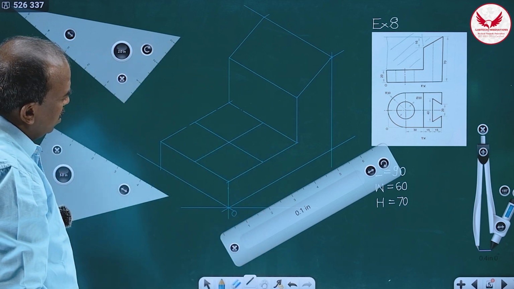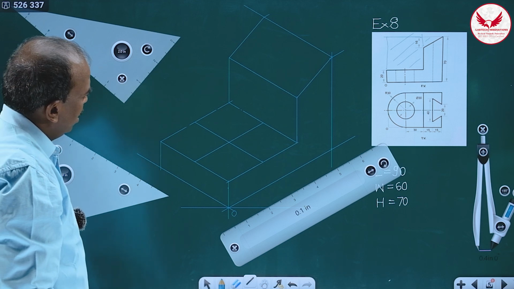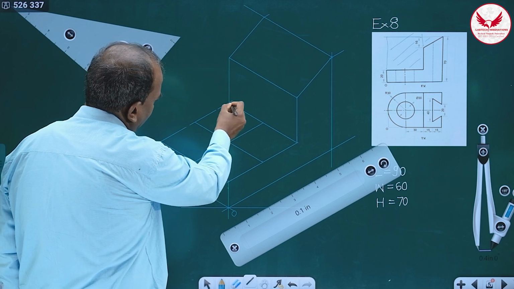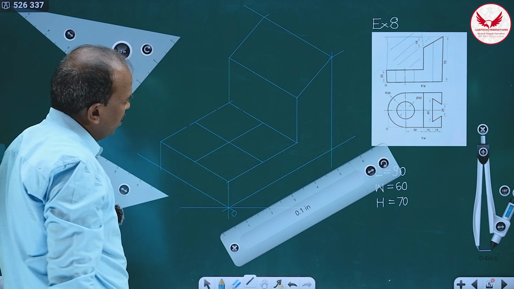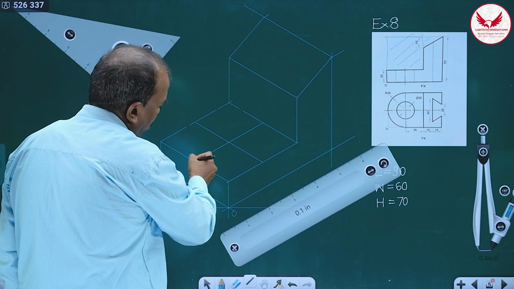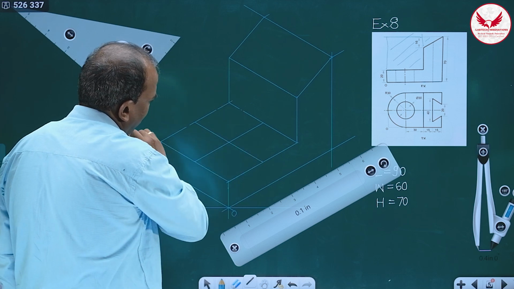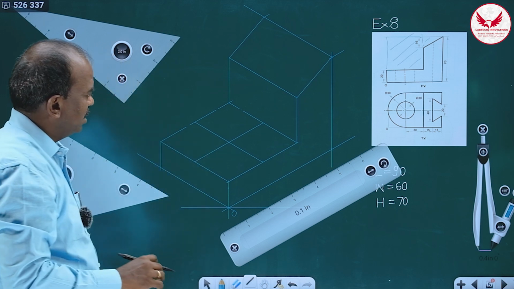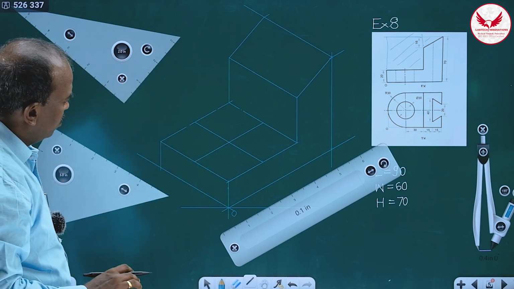There is no need to draw the rhombus. Then these obtuse angles, 120-degree angle corners, are going to be two centers. But to draw the semicircle, only this center will be used. And one more center we have to get on this side, so instead of four centers we have to use only two centers.